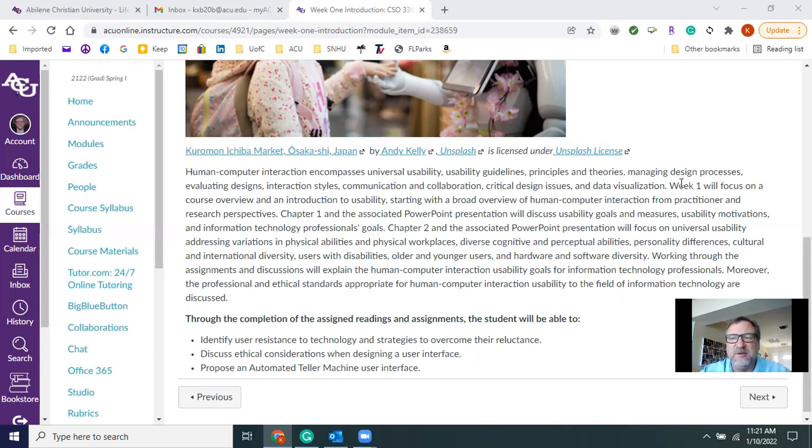In chapter 2, we'll look at universal usability, addressing variations in physical abilities and physical workplaces, diverse cognitive and perceptual abilities, personality differences, culture and international diversities, users with disabilities, older and younger users, and hardware and software diversity.